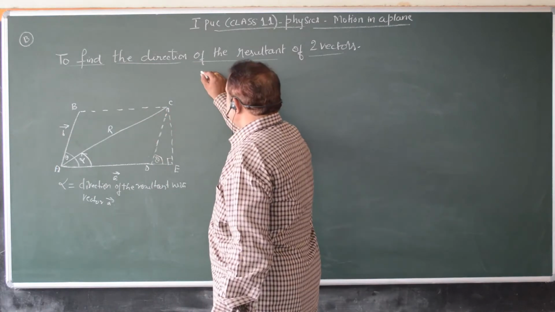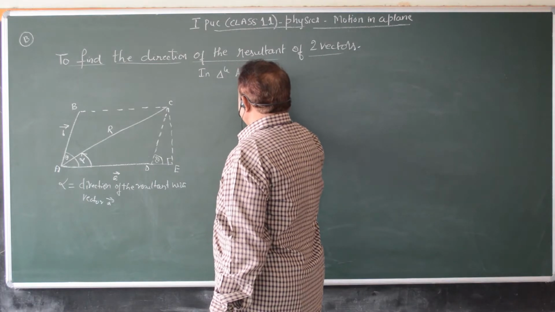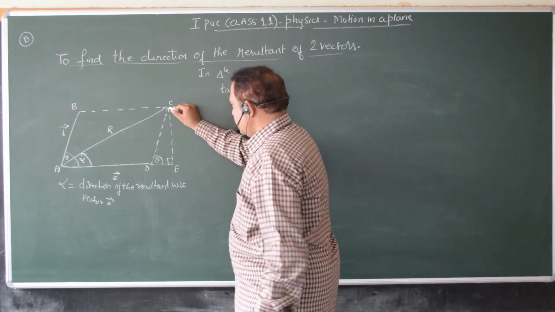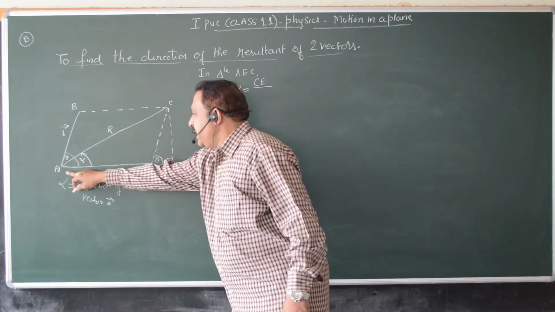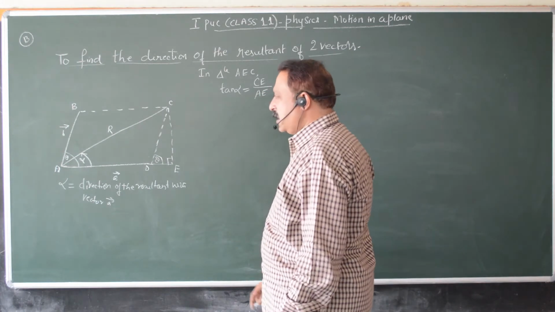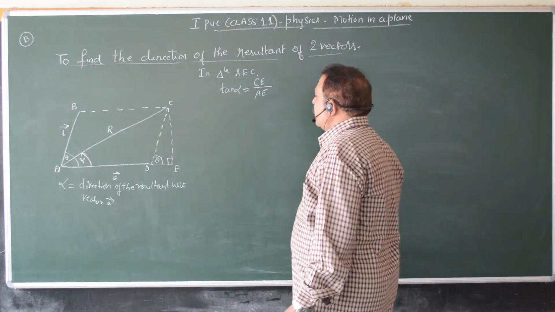Now to find an expression for alpha, let's consider tan alpha from the triangle AEC. In triangle AEC, tan alpha is CE divided by AE, opposite by adjacent side.